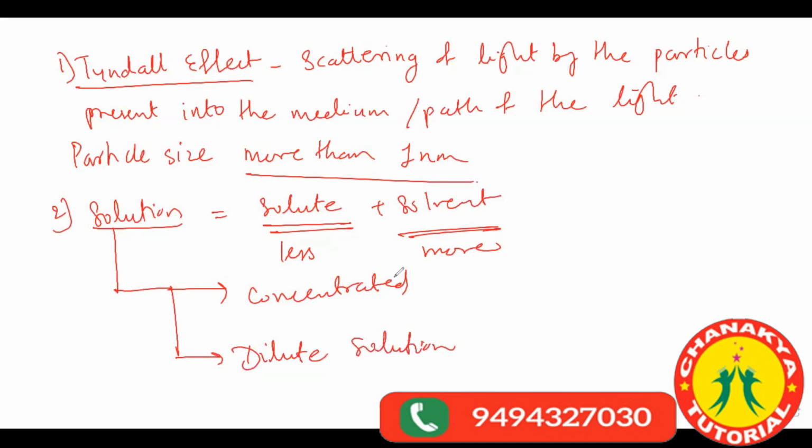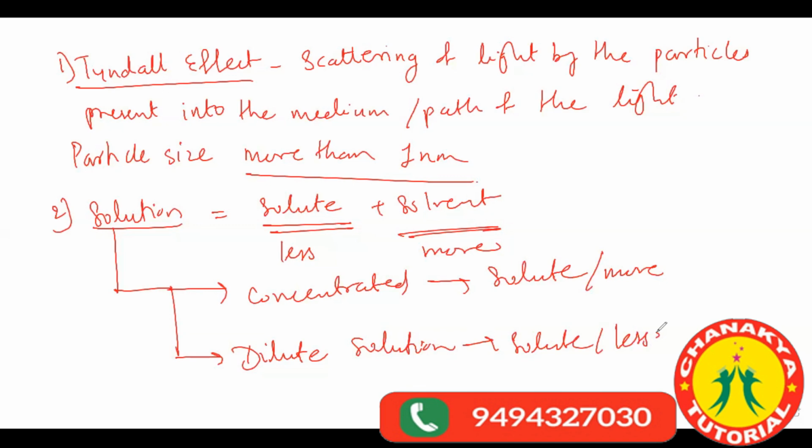Now, concentrated solution means what? In that your solute is more in quantity. And in dilute solution, solute is in less quantity. And vice versa: if your solute is in more quantity, your solvent is less, so it will be concentrated.